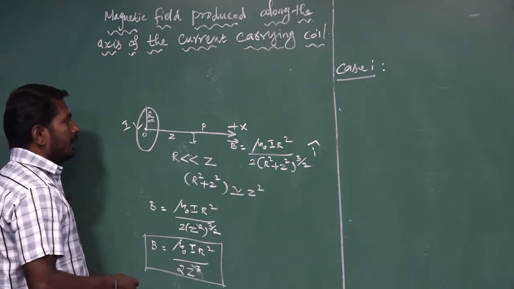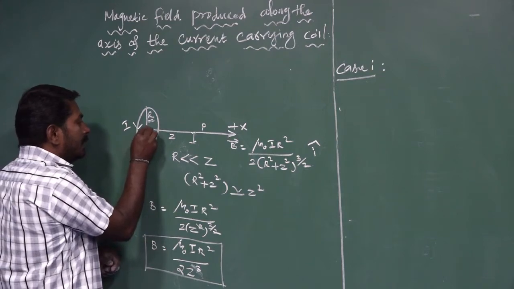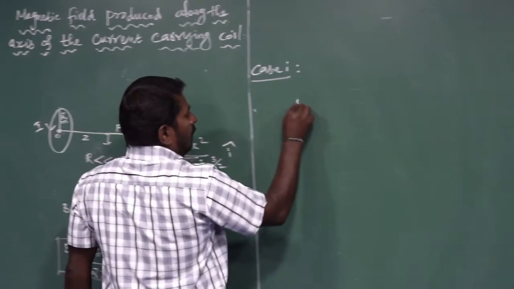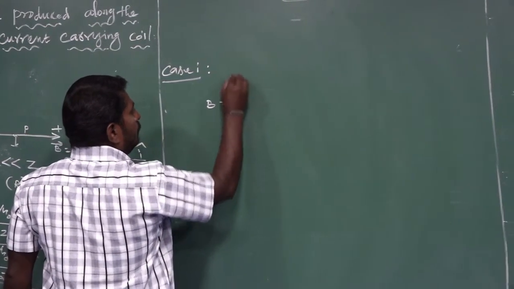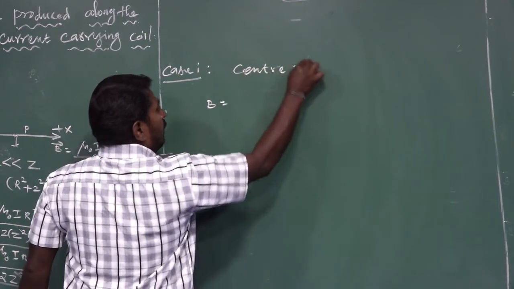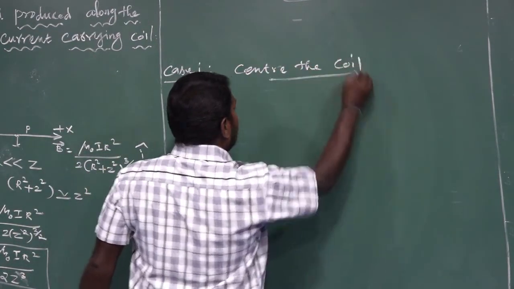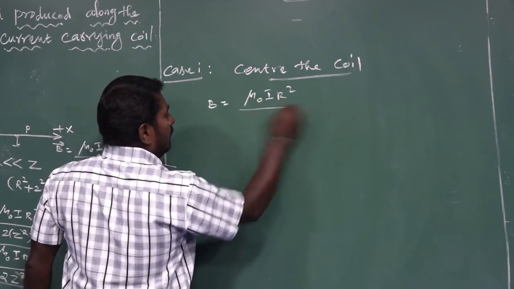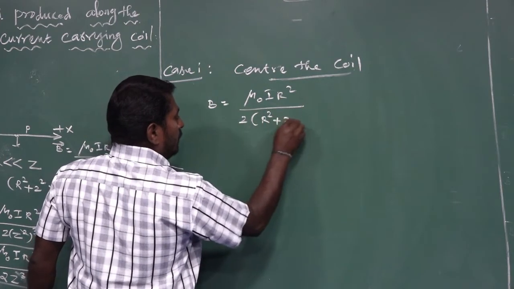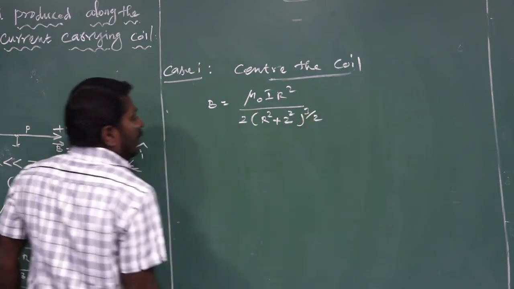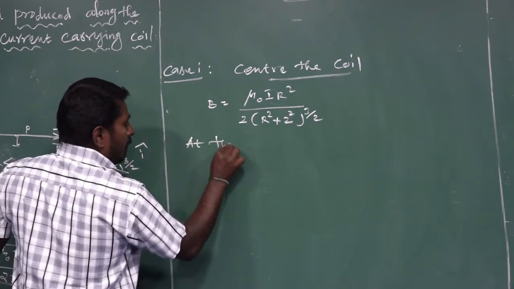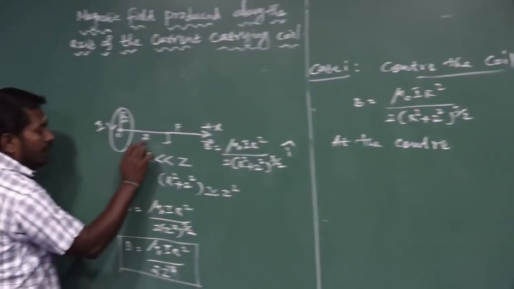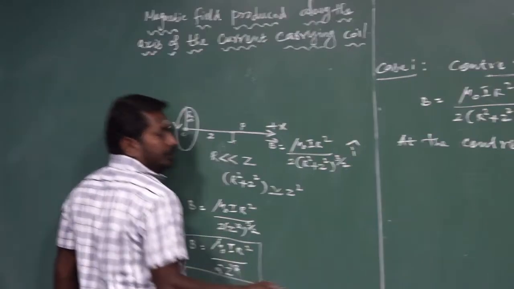But now we are going to calculate the magnetic induction at the center of the circular coil carrying current. Magnitude-wise, B is equal to mu naught I r square divided by 2 (r square plus z square) whole power 3 by 2. At the center of the circular coil, z value is equal to 0.